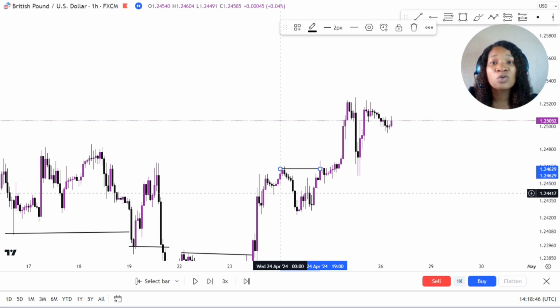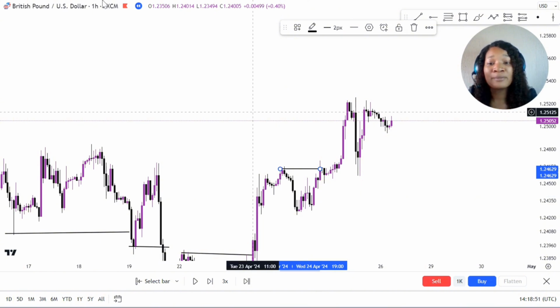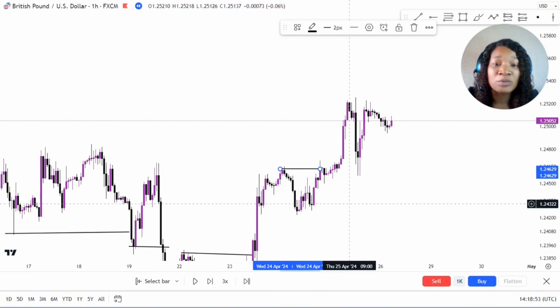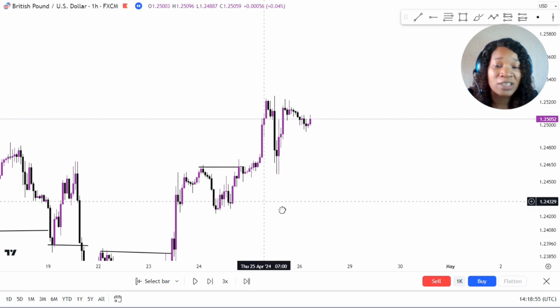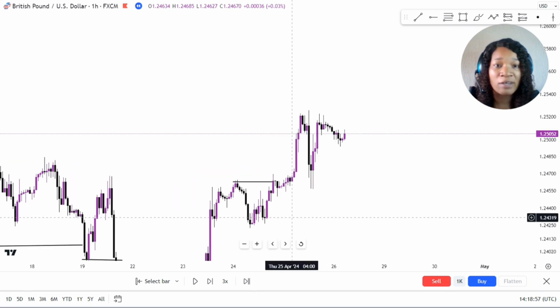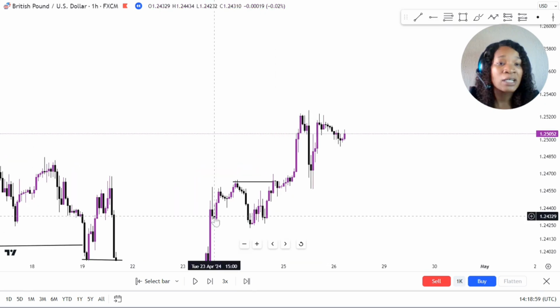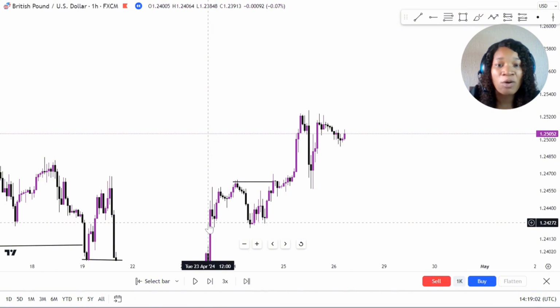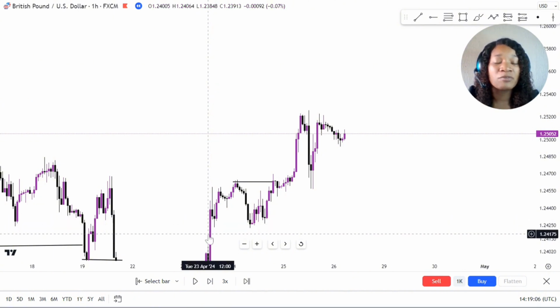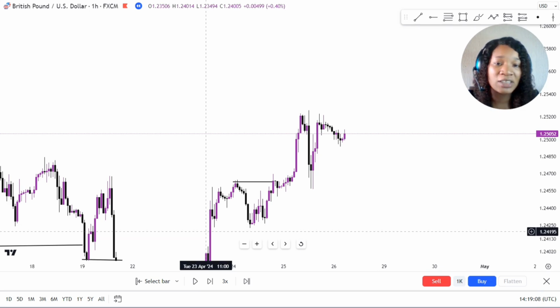You also have to go back in time and backtest that strategy over and over again. You can backtest how many times price has changed structure, okay, and ask yourself if you are able to identify it. This is going to help you so that in case you see that kind of setup developing in the future, it will be easy for you to spot it and take advantage of it.